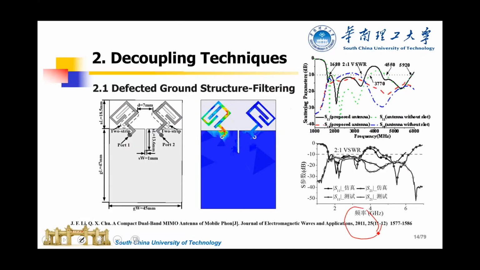Between the two antennas, we set a slot in the ground between the two elements, so we can get wideband decoupling and good isolation.